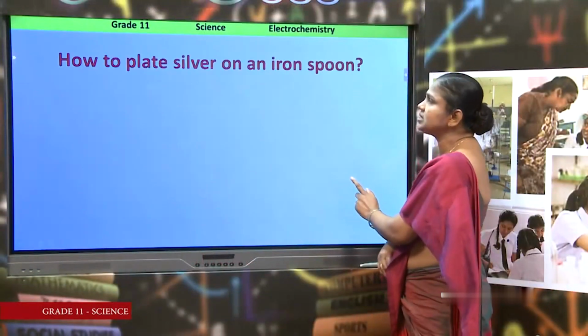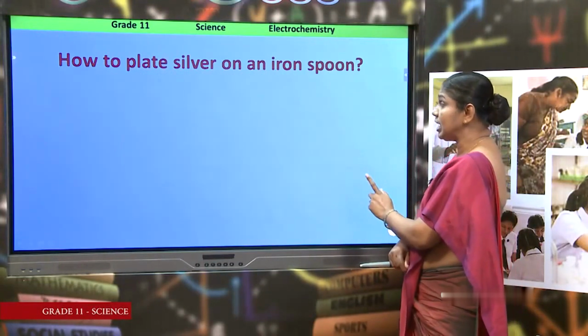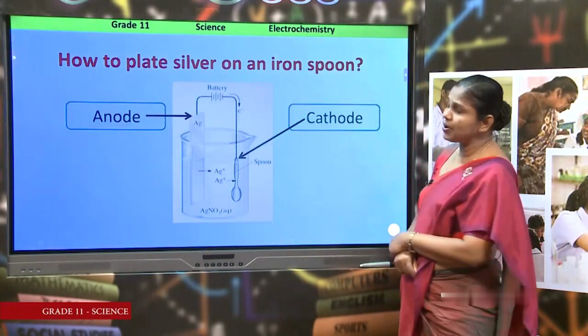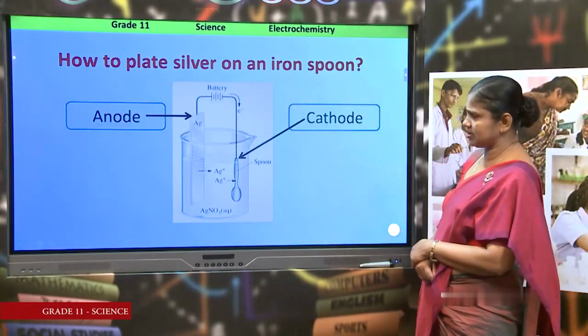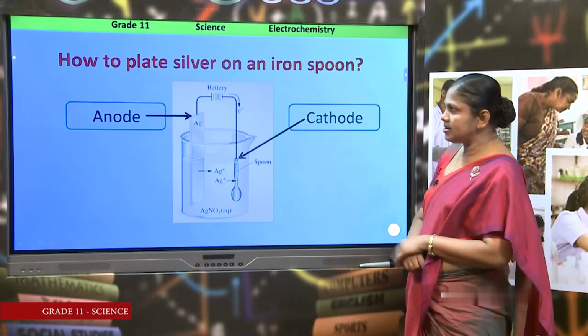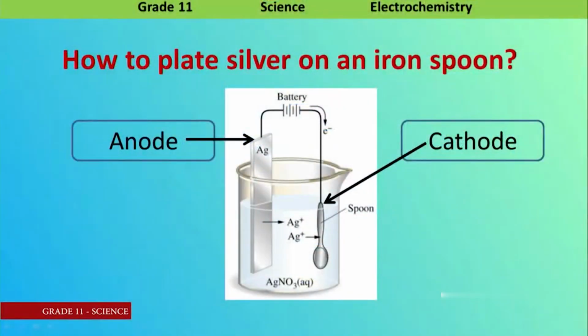Okay, children, that is about electroplating, and now I am going to ask you some questions. If we want to plate silver on an iron spoon, children, what are the changes that should be made in the setup?